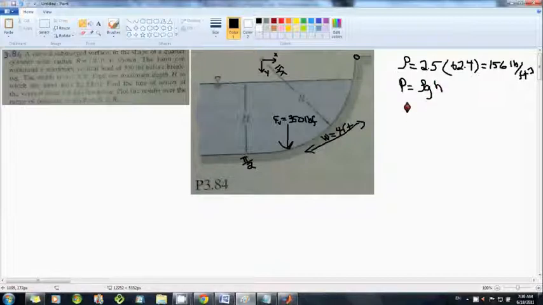What is h? Since our origin is not at the surface, we're going to have to subtract this distance, and I'll call this middle distance right here d. So this plus this is going to give me the total distance.